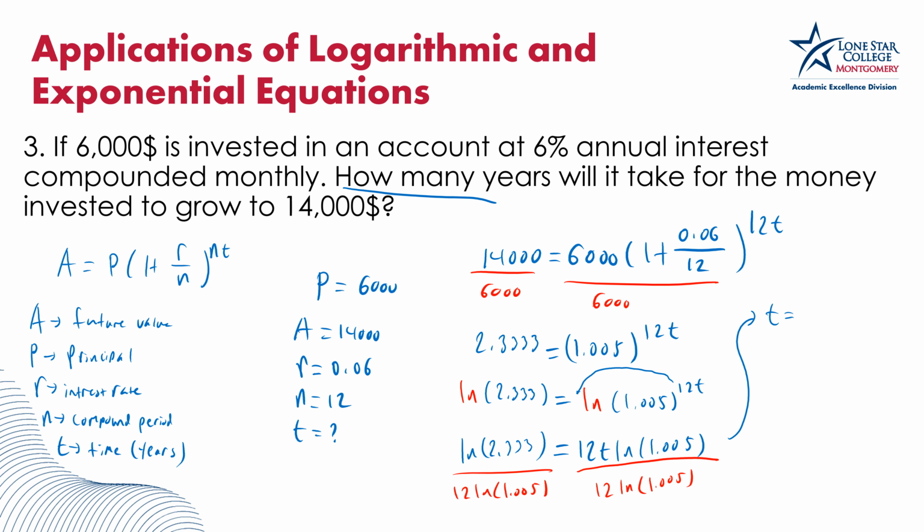We do ln of 2.333 repeating divided by 12 times ln of 1.005. So it gives about 14.156 years, so 14.16 years.